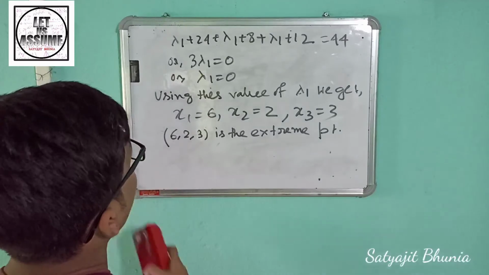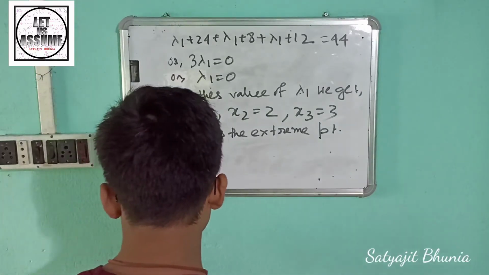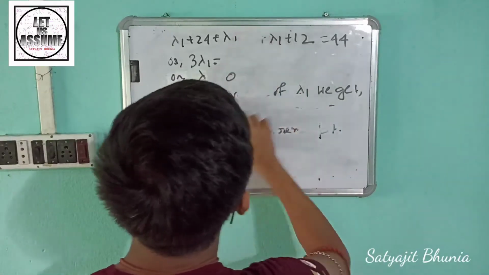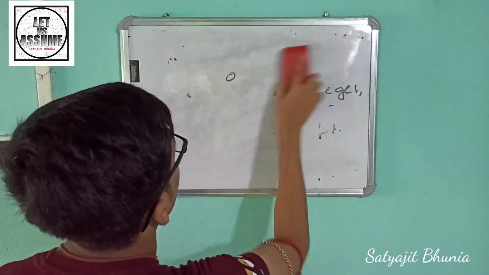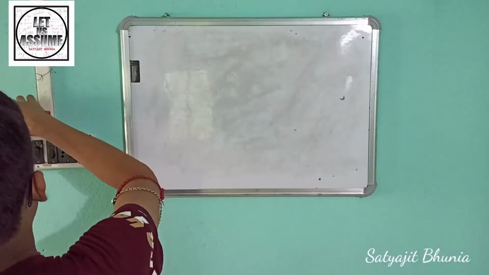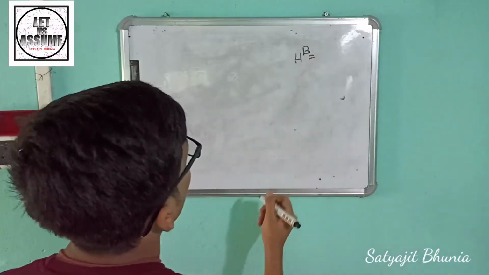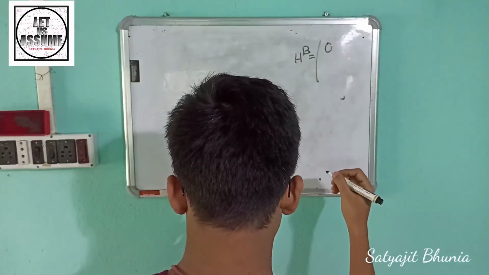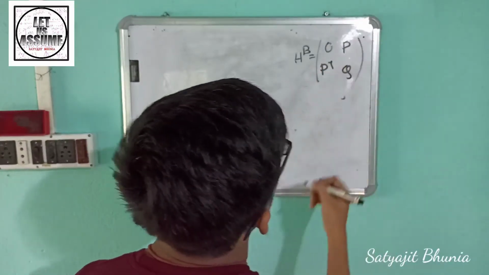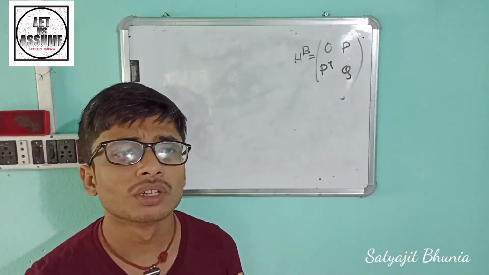For the sufficient condition we have to form the bordered Hessian matrix at this point (6, 2, 3). In the earlier video I discussed that HB equals [0, P; P transpose, Q], and how will we get P and Q?